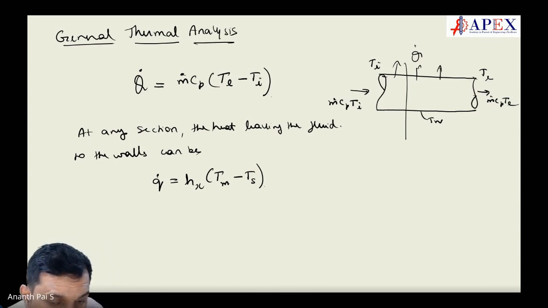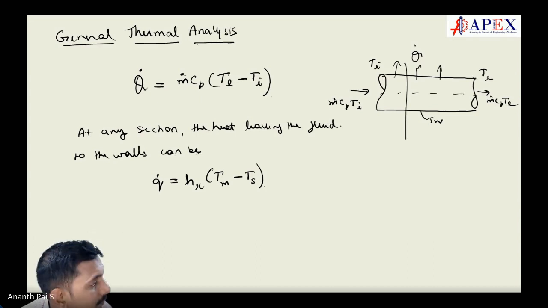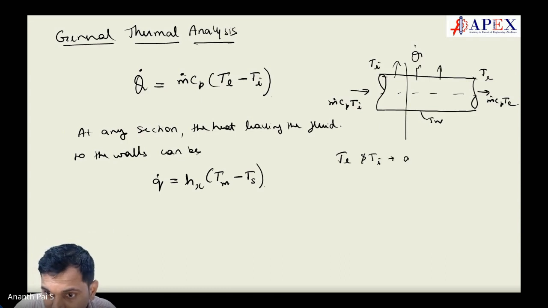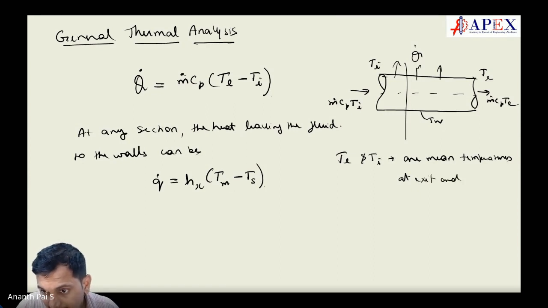So this is at a particular x. Now T mean will vary, is it not? T mean can vary from one place to the other. So here T E and T I are mean temperatures at exit and inlet.